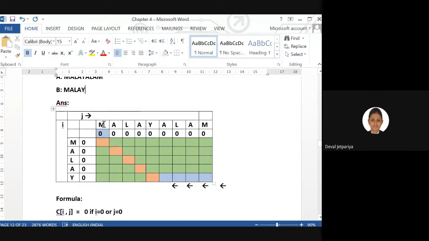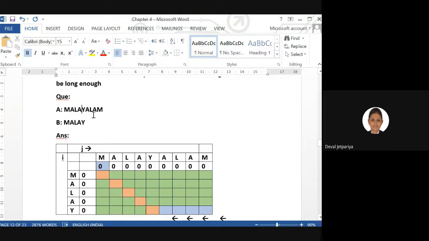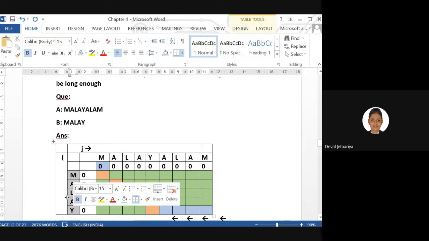So I have arranged MALAYALAM over here and MALAY over here, right?